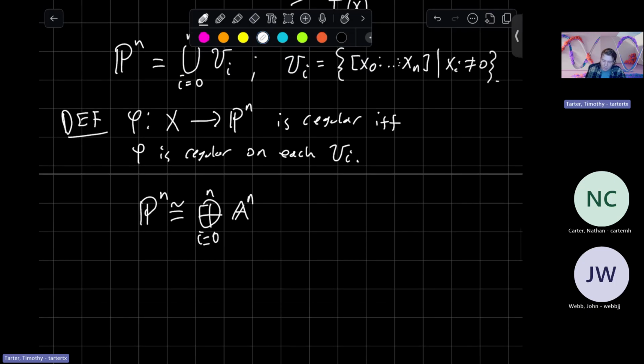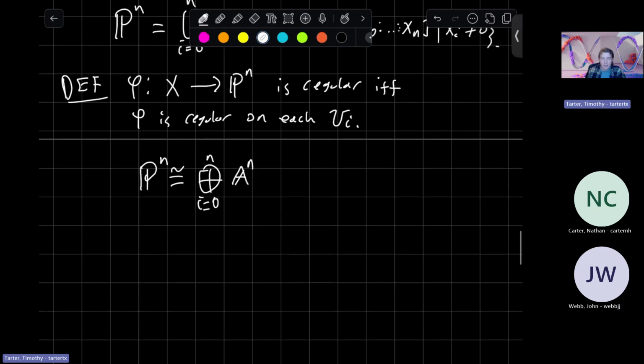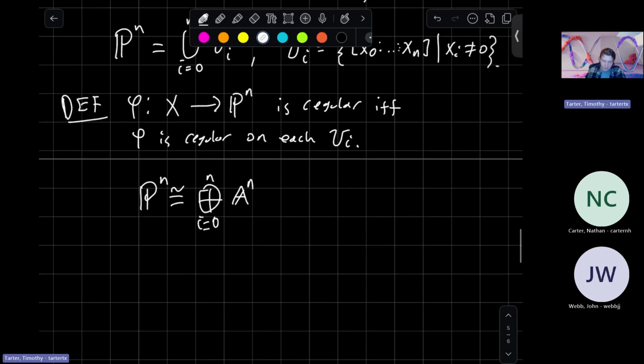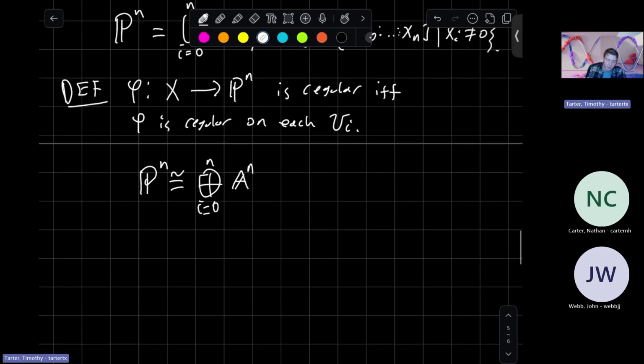And so what we're really going to want is that if we have an isomorphism between two varieties, well, we can view x or y as some intersection of this graded algebra.